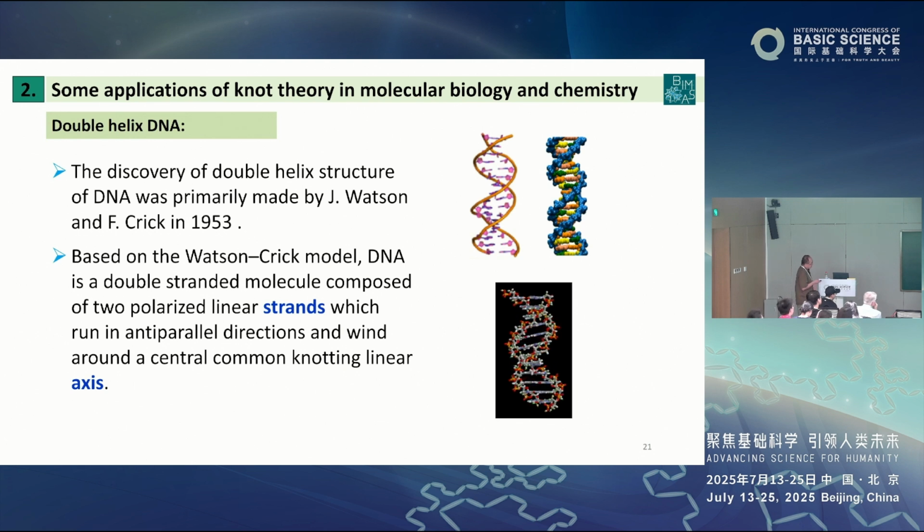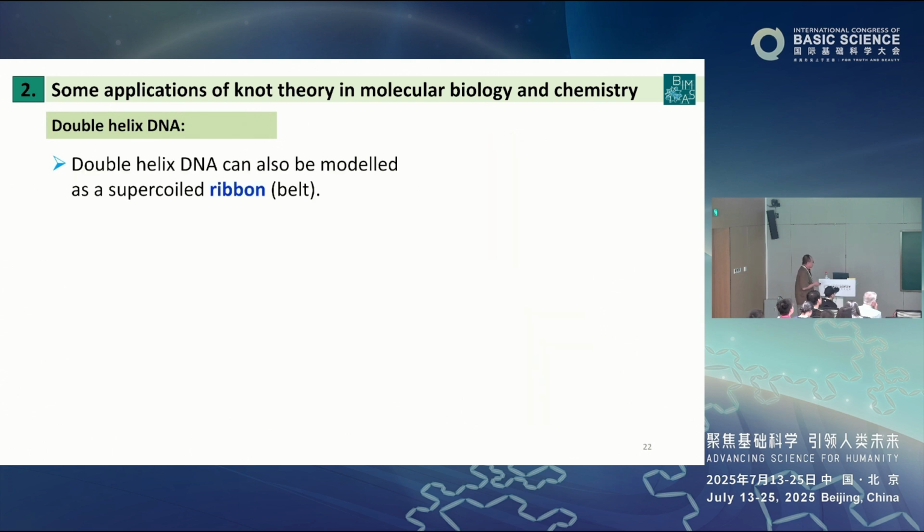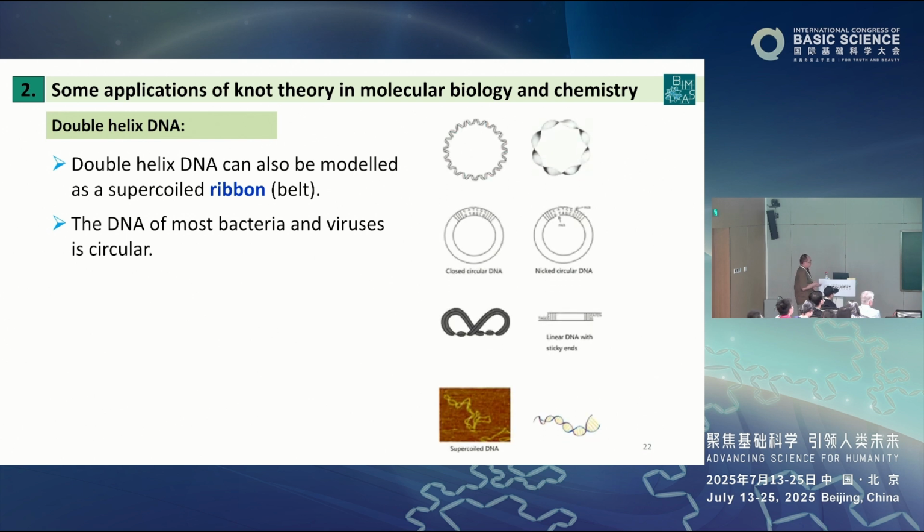In the middle is the axis. Double helix DNA can also be modeled as a supercoil, a ribbon, or a band. The DNA of most bacteria and viruses is circular, so in some way it can be regarded as knots and links lying in a plane.